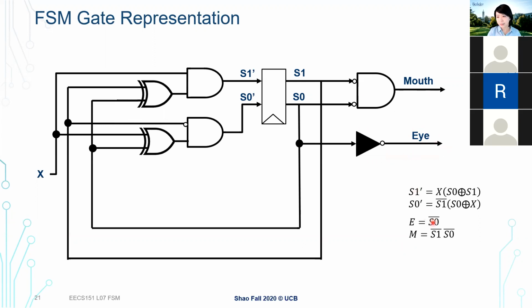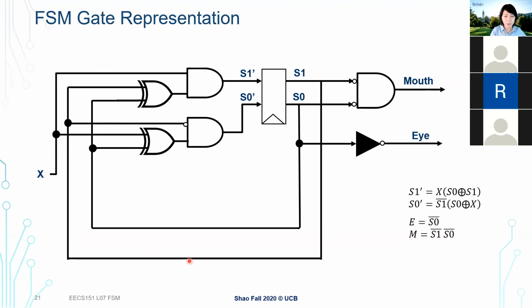And here, it's basically an inverter for the eyes movement. And also we have inverted S0 and S1, and then an AND gate for the mouth. If we apply De Morgan's law, if we do the bubble pushing, this can be turned into a NOR gate, right? So this part of the circuit represents the combinational logic that we use to get the output.